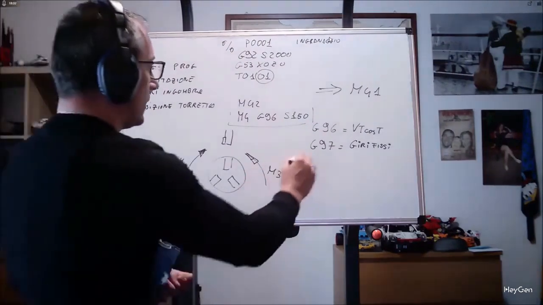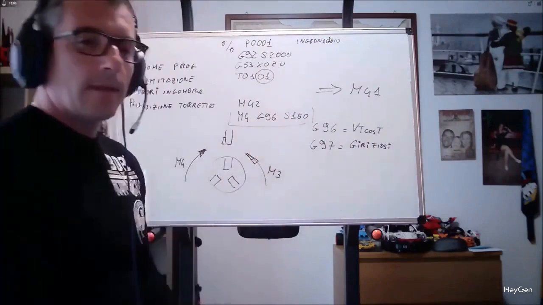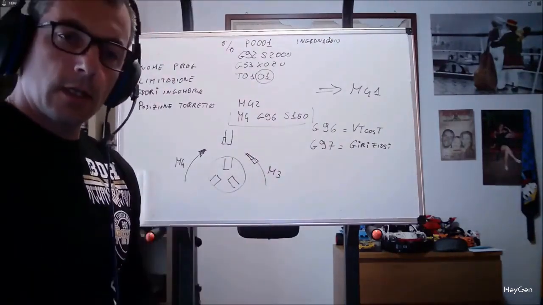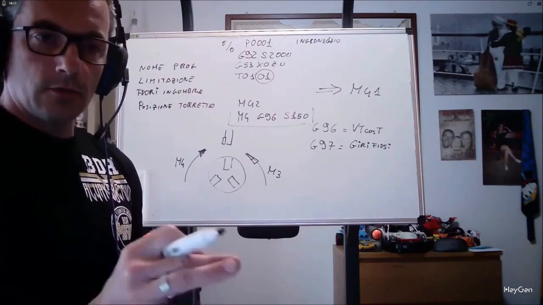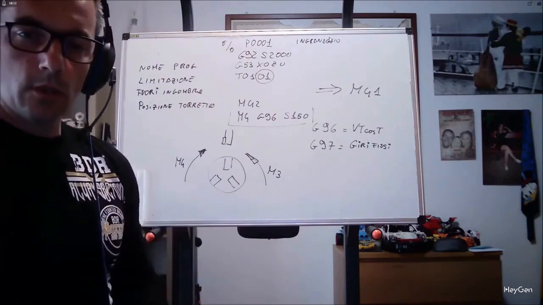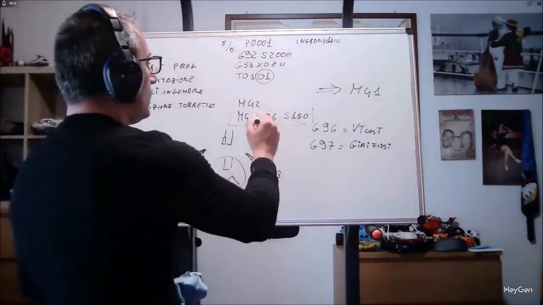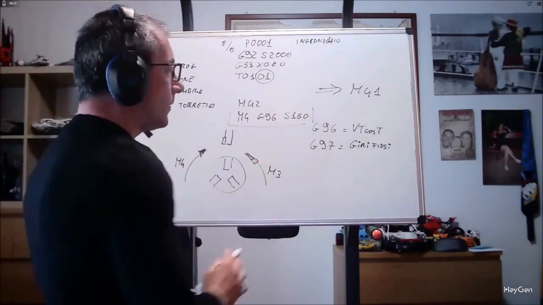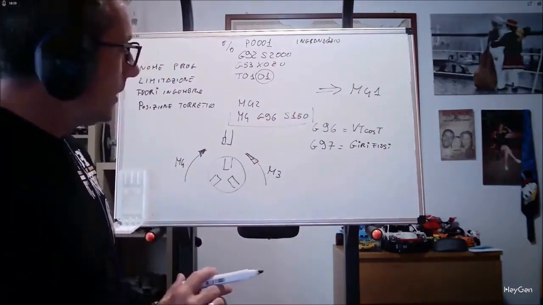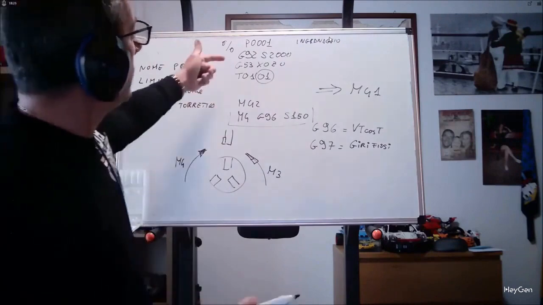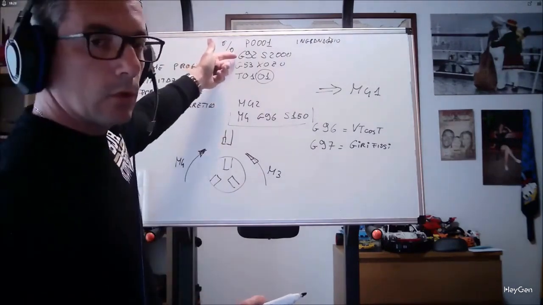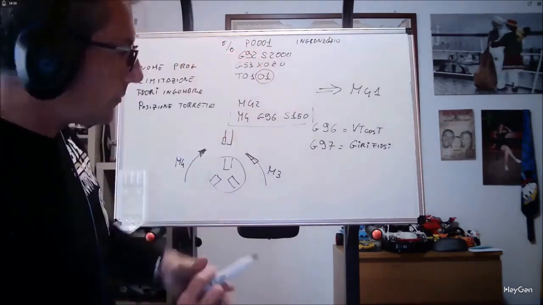So G97 S150, any machining we program afterwards will be done at 150 RPM. No doubt about it. G96 S150, the RPM varies with the diameter until reaching a maximum of 2000 RPM.